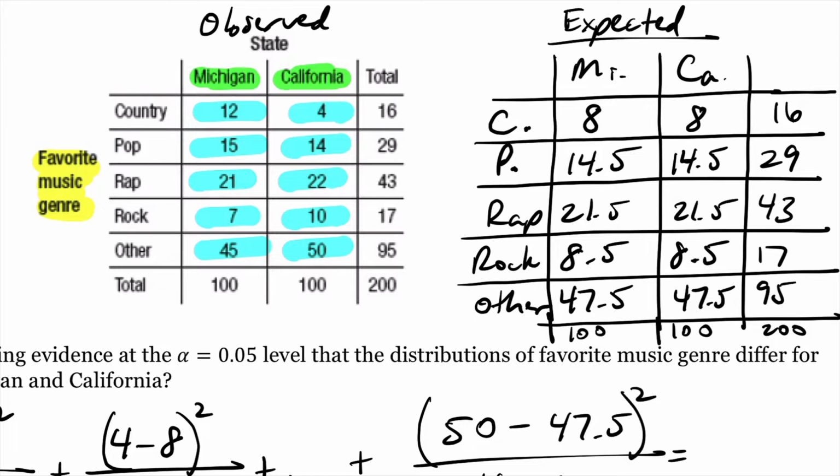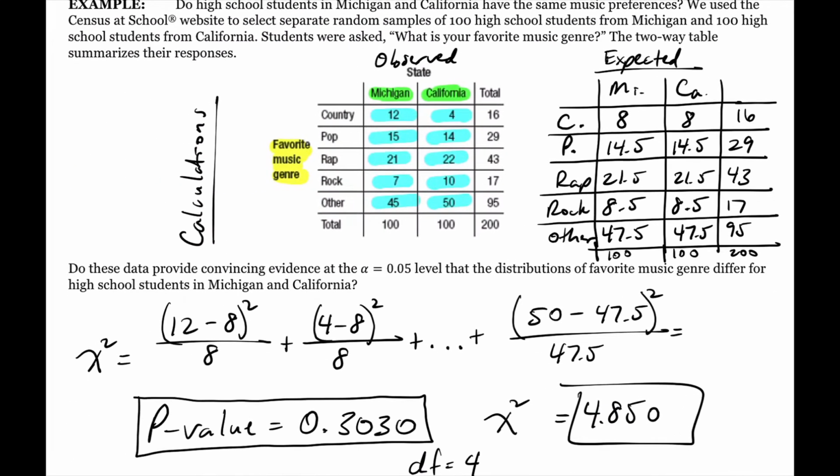Okay. Here's another question. They didn't ask this question, but they will. Which cell or which test statistic had the biggest chi-square or had the most influence on chi-square? Chi-square is right here.